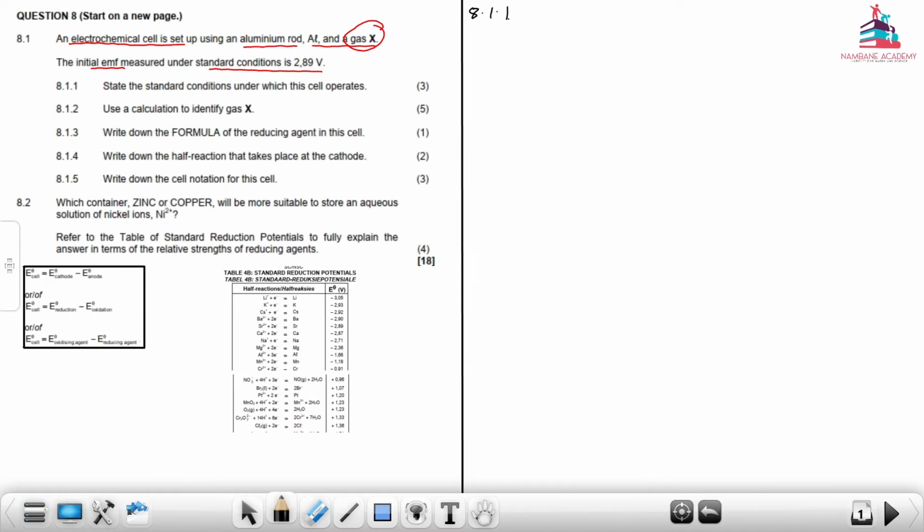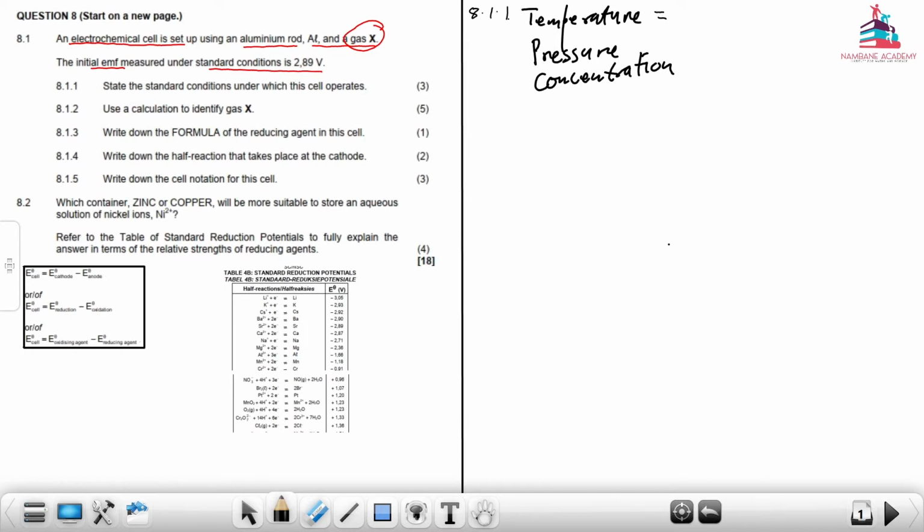When we give the conditions, we cannot only say it's temperature, it's pressure, and it's concentration. The examiner is interested in us giving the exact values of each.